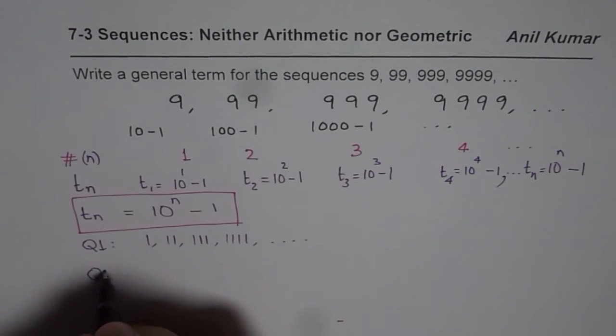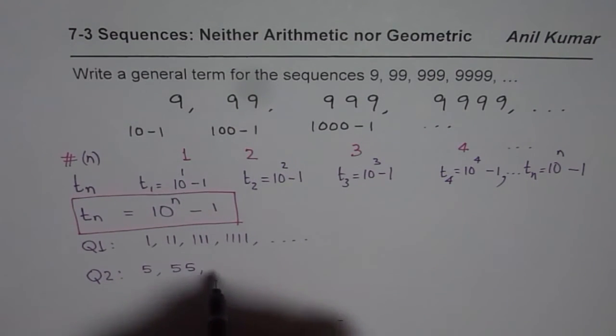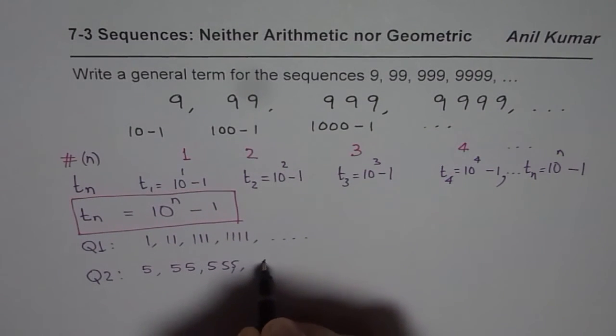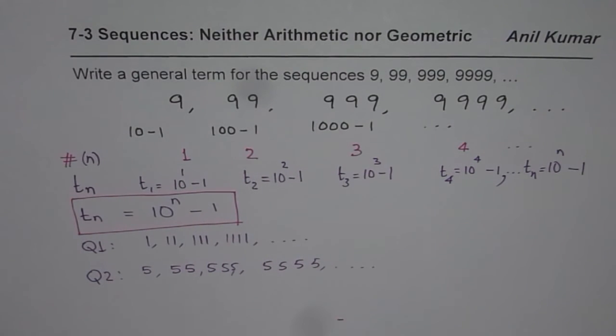How about if I change the sequence to 5s? Or 7s for that matter. I mean 5, 55, 555, correct? 5555, and so on. Can you write down now the general term for these sequences? That is an exercise for you. Think about it, pause the video, and then check with my solution.